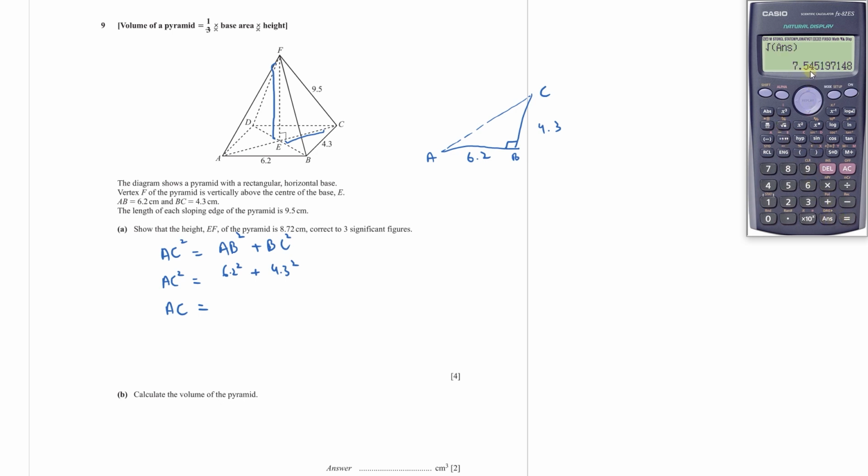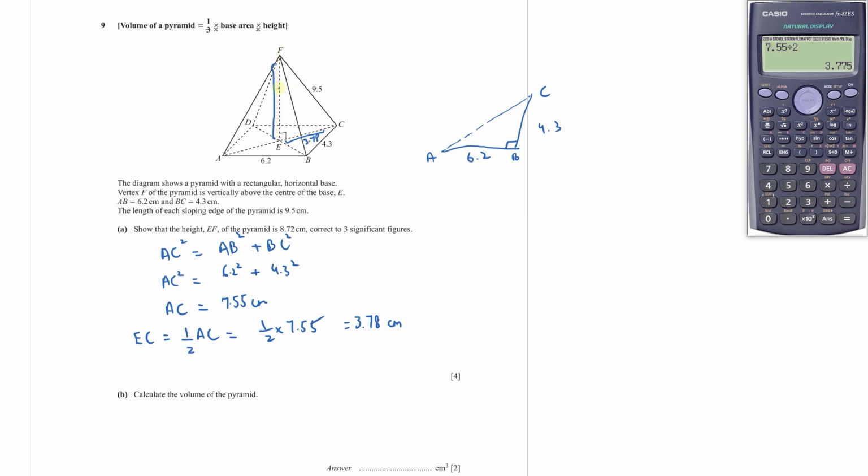So this is 7.55 centimeters. So EC is 1 over 2 times AC, which is 1 by 2 into 7.55. So 7.55 divided by 2 is 3.78. So this is 3.78 centimeters, this length EC.